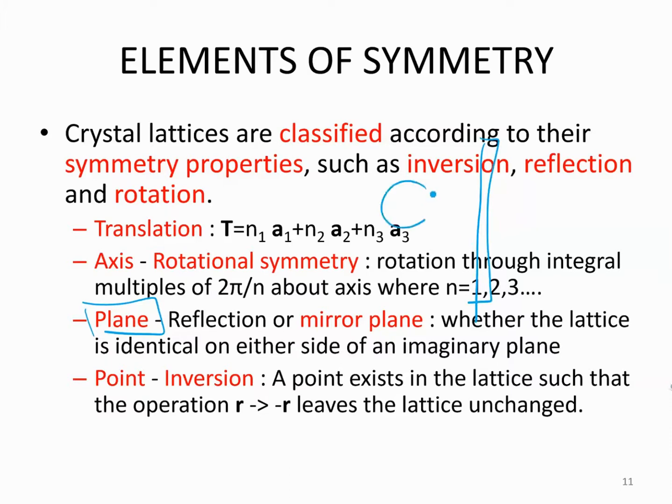If I have one left hand atom here, after the mirror plane symmetry, I will get the right hand atom or lattice point. But bear in mind that plane symmetry involves converting the atom or lattice point from one hand to the other hand.